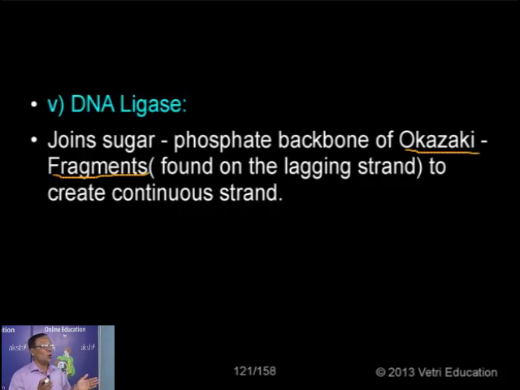All these fragments are joined together to form a continuous DNA strand with the help of DNA ligase. It joins the sugar phosphate backbone of the Okazaki fragments, creating a new continuous strand.